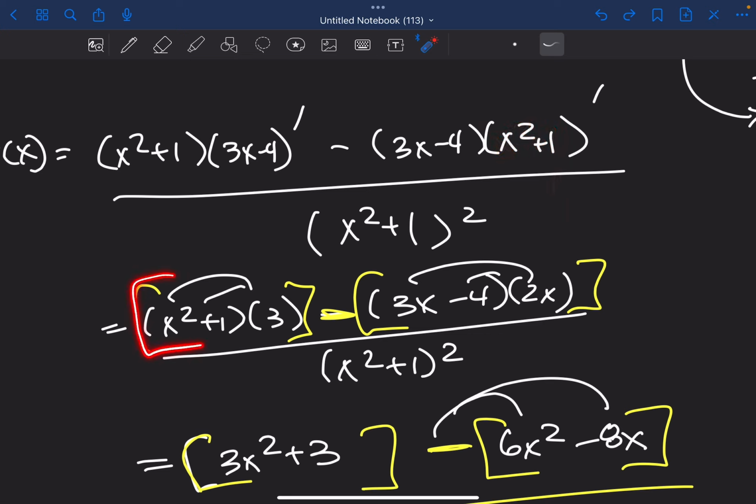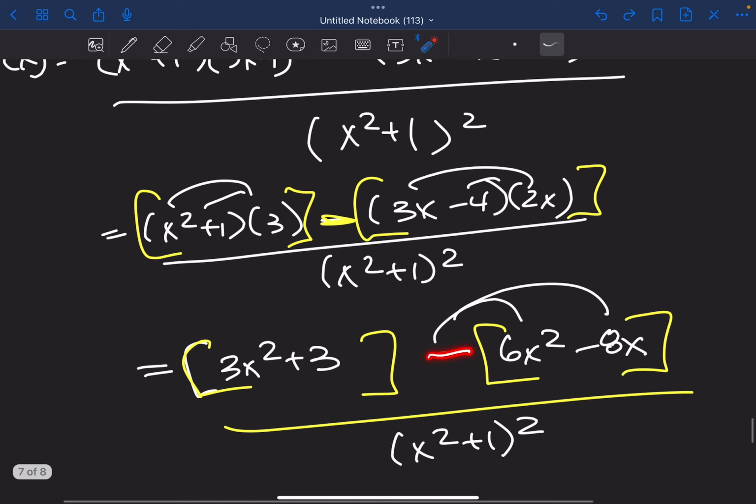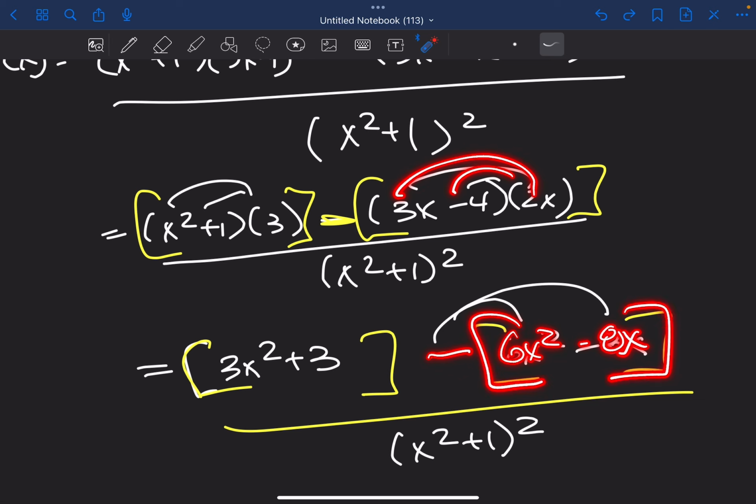So now we just need to be careful and think of these as an entire piece here and an entire piece here that we're going to subtract. So now when I distribute through this 3, I get 3x squared plus 3 as one term minus 6x squared minus 8x because I distributed the 2x, and this is one whole term, right?